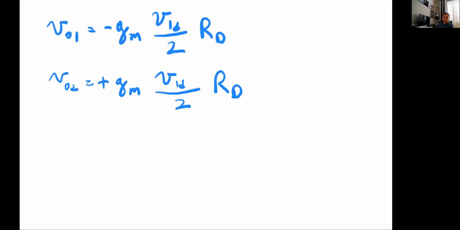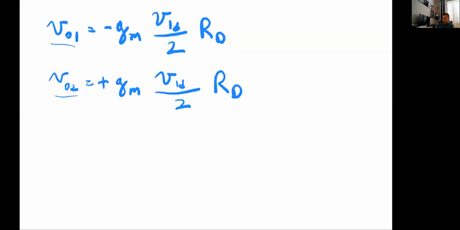and I can look at the proportion of each of these output voltages in relationship to the overall differential input voltage, which is going to be my voltage gain.